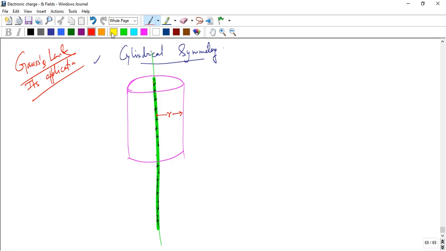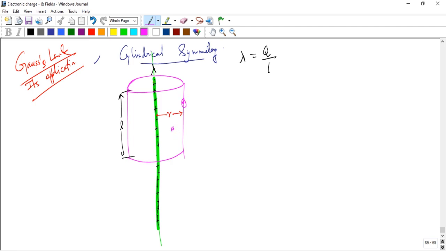We know lambda equals q over L, where L is the length of the cylinder we choose, and R is the radius, and we calculate the electric field at the surface.